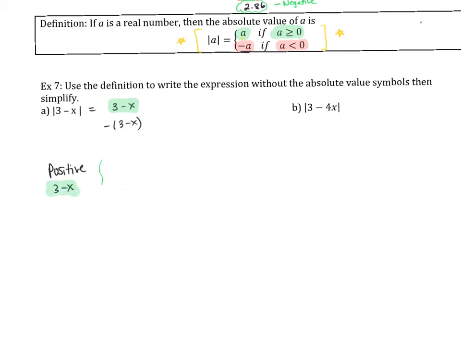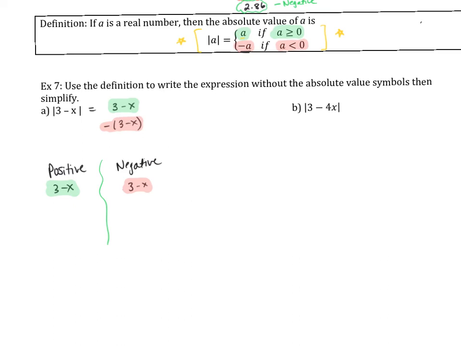Okay, or if what we put in there is negative, 3 minus x, if that was negative, then we have to find that the result that comes out of absolute value would be the opposite of that to give us a positive output.